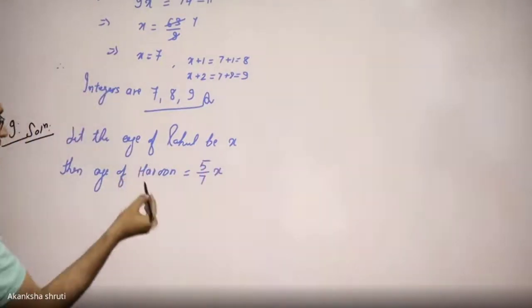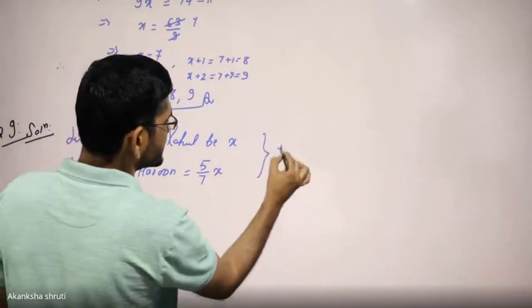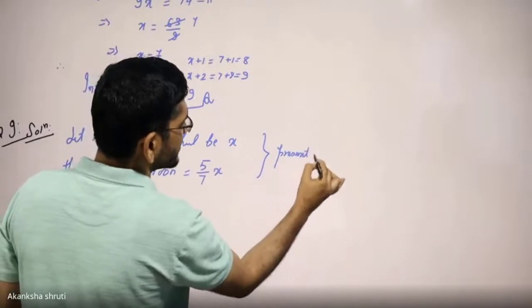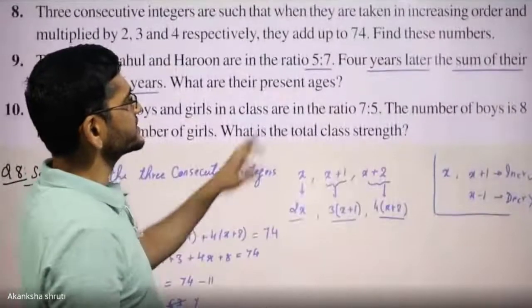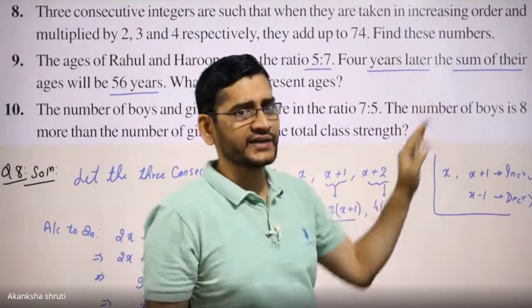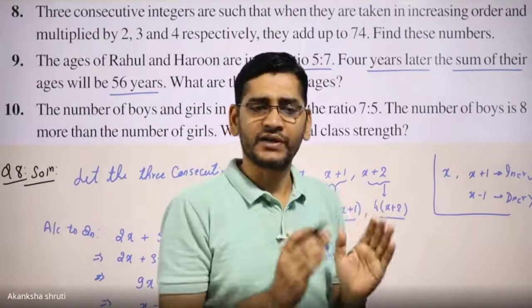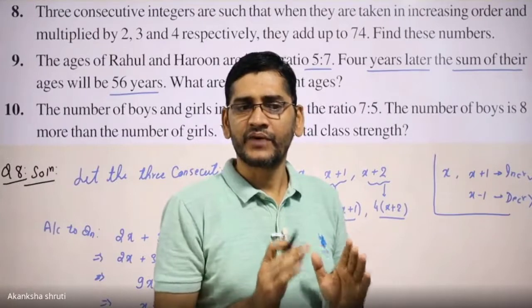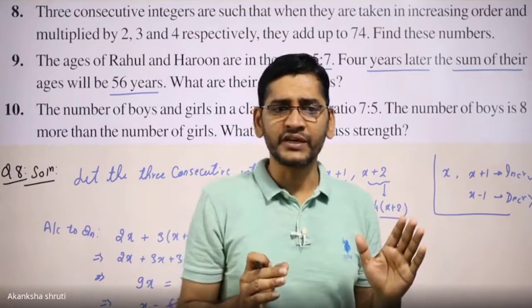So this is the present age that we have taken. In the question it is given 4 years later, means right now, today, the age of Rahul is x and the age of Harun is 5/7x.